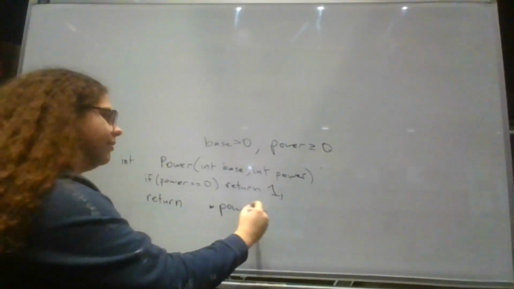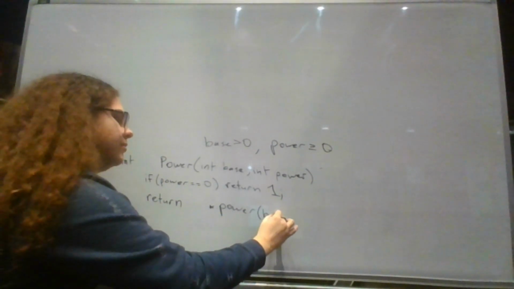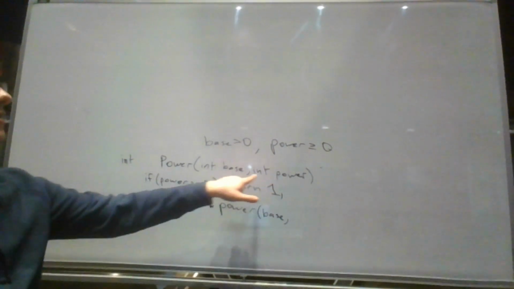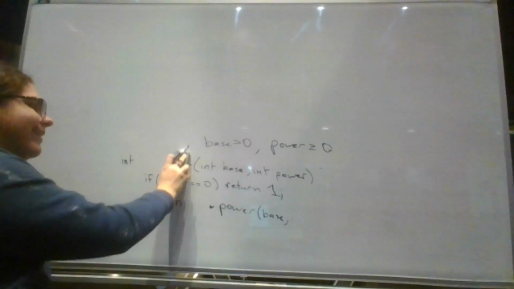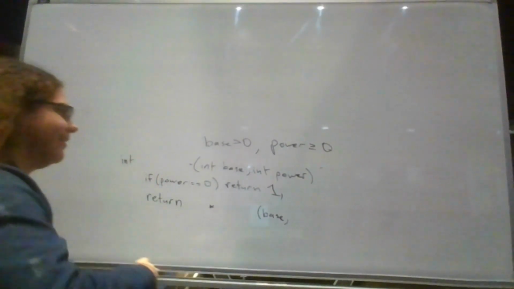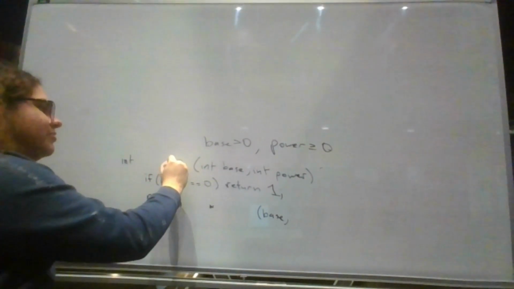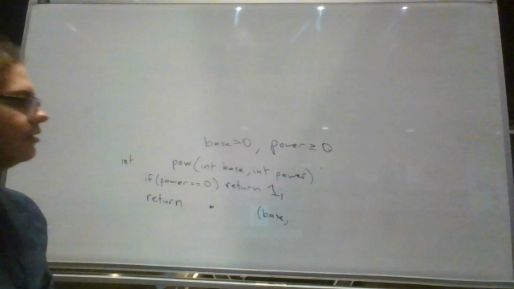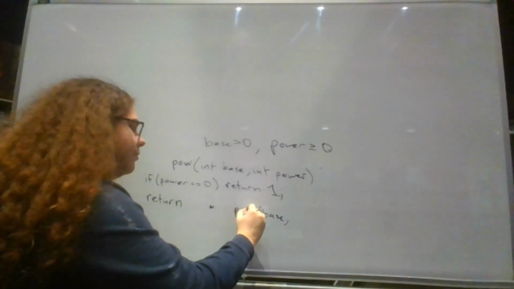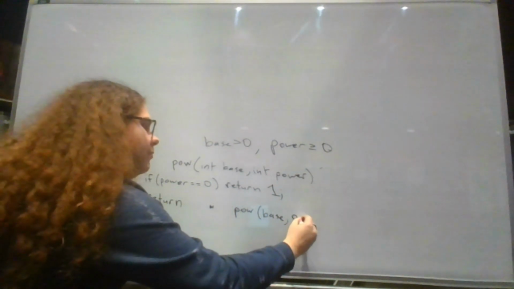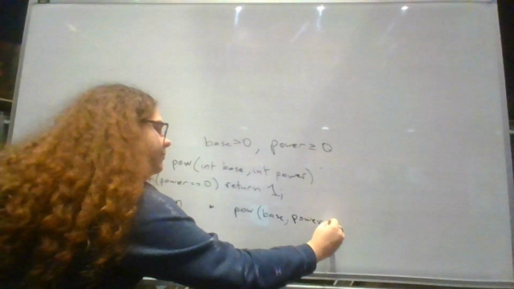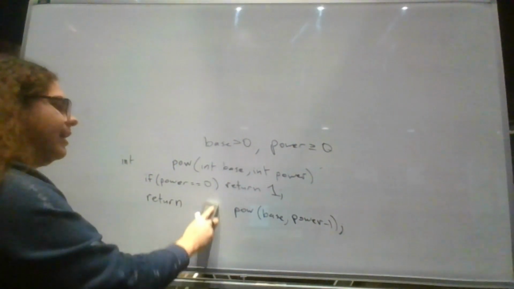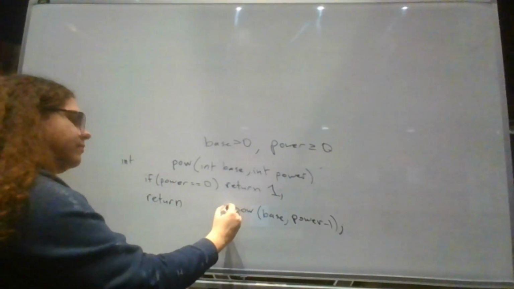So power of whatever the base is, and then to the power of... I probably shouldn't name these the same thing. I'll just do POW for the actual function that you use in C. So pow base, power minus 1. And it's going to be that times your base.